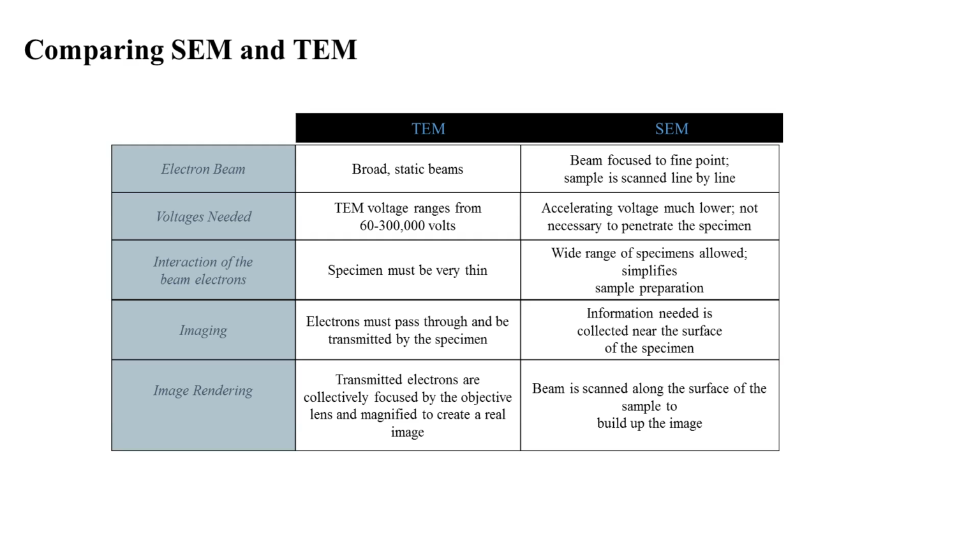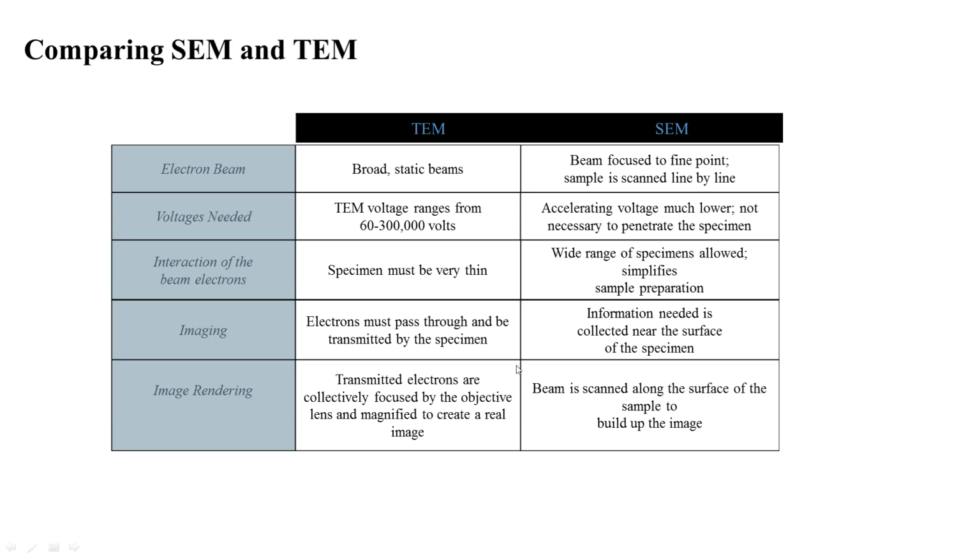In the imaging process, in TEM electrons must pass through the sample, and we get information from the transmitted beam. But in SEM, information is collected near the surface of the specimen.